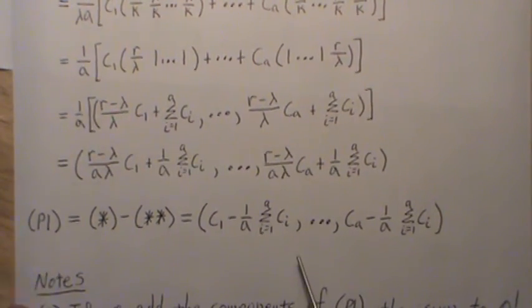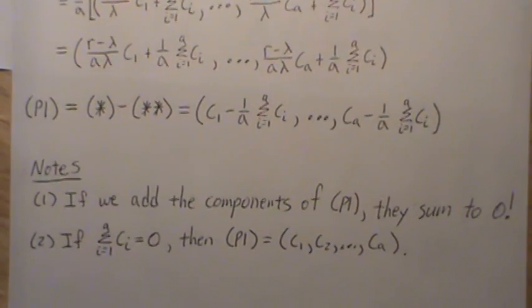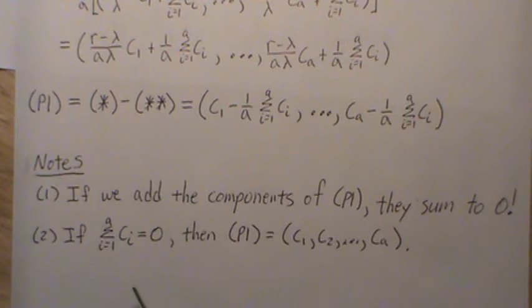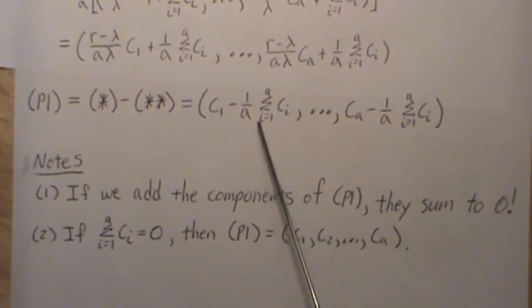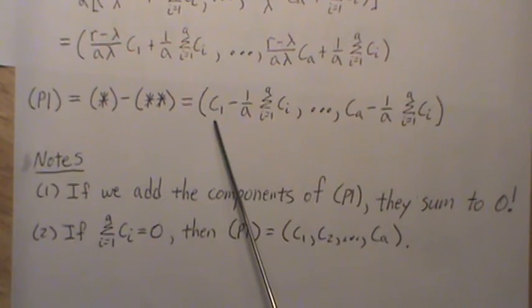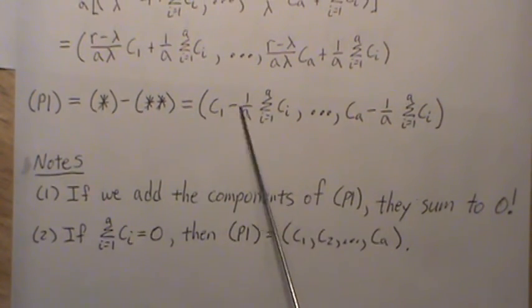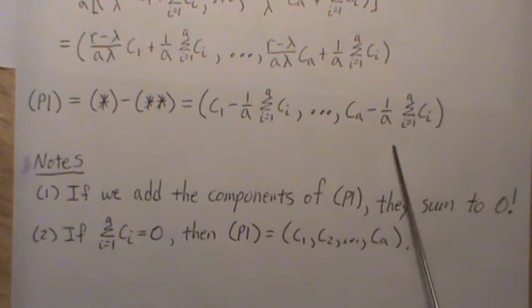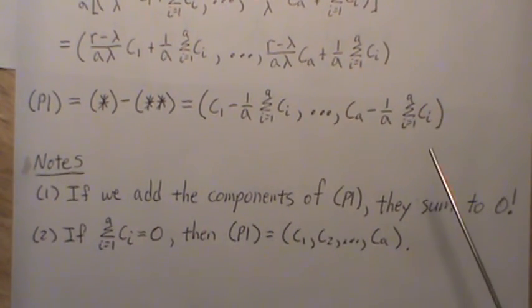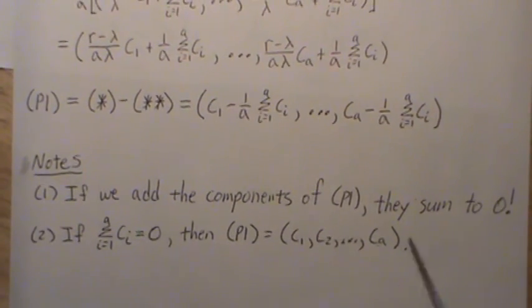And this property we're going to use heavily in one of the theorems to prove a theorem about contrast. But a big note here is if we add these components, so this plus this plus this plus this, it actually sums to 0, right? So we're adding C1, C2, C3, so we get the sum of the C's, and then over here we get a minus, and we're adding the same minus, and so the A's cancel, and the sums end up being 0.